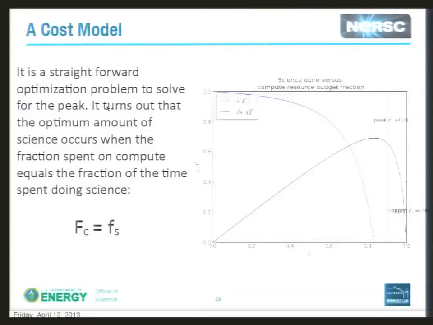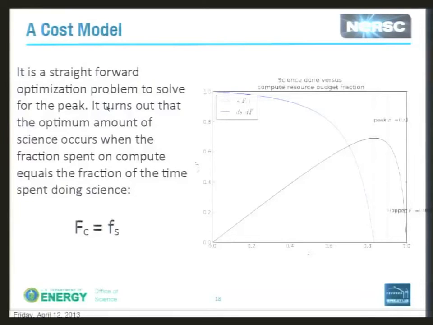Or the fraction of time you're doing science. So what this says is if we had designed this just right, we'd have been getting the maximum science done if we did compute for about 83% of the time and did I/O for 17% of the time.